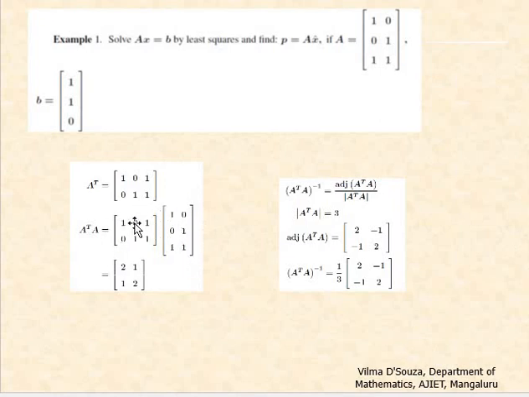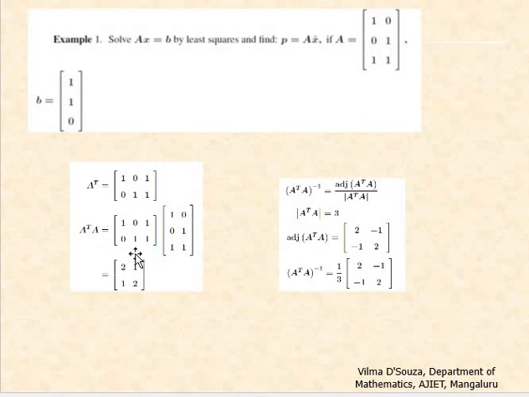Multiply: 1 plus 0 plus 1, that is 2. 0 0 1, so the second entry is 1. Next, second row 0 0 1, so that is 1. Next 0 plus 1 plus 1, that is 2.